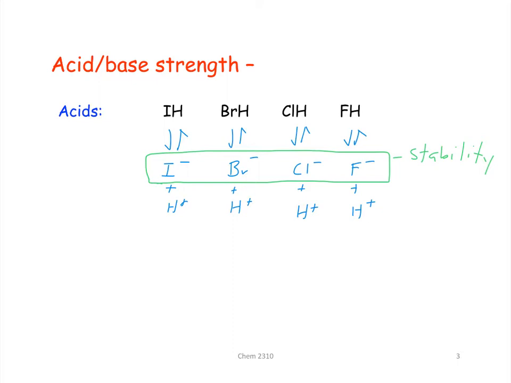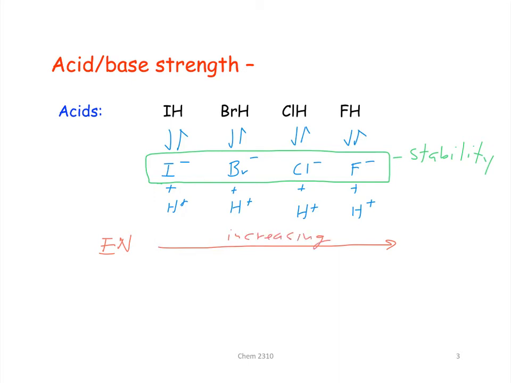Alright, so we might think, just like last time, that one very important factor here would be electronegativity. In this case, we're going up and down the periodic table, so which end, the top or the bottom, is more electronegative? Remember, as we go up, the electronegativity increases. So if we go this way, electronegativity is increasing.